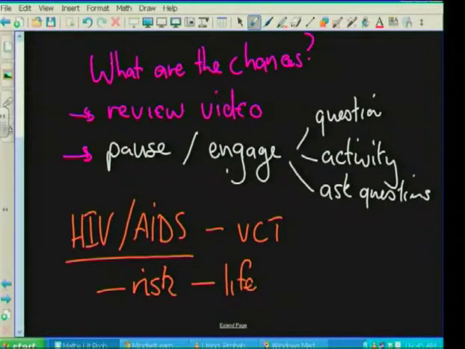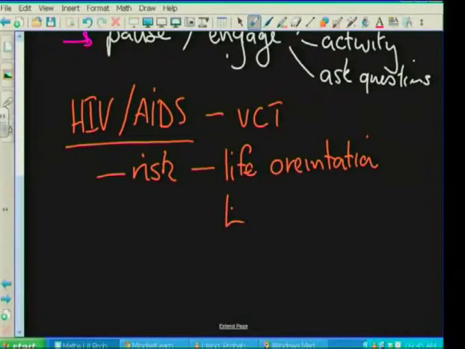It might be important to link this to life orientation or life sciences, so that learners are more aware of the probability and the risk that they undergo if they engage in risky behavior.